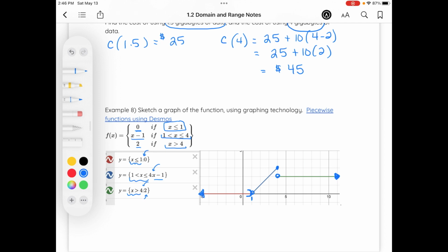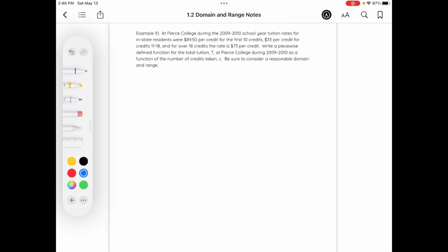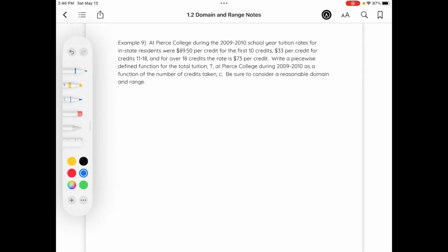And the last equation, I just want to practice writing a piecewise function with 3 equations just to make sure we've got it. As another example, at Pierce College during the 2009-2010 school year, tuition rates for in-state were $89.50 per credit for the first 10 credits, $33 per credit for credits between 11 and 18, and for over 18 credits, the rate is $73 per credit.